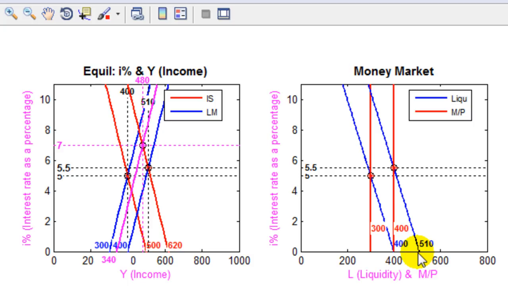So it should shift toward the left starting at this point.